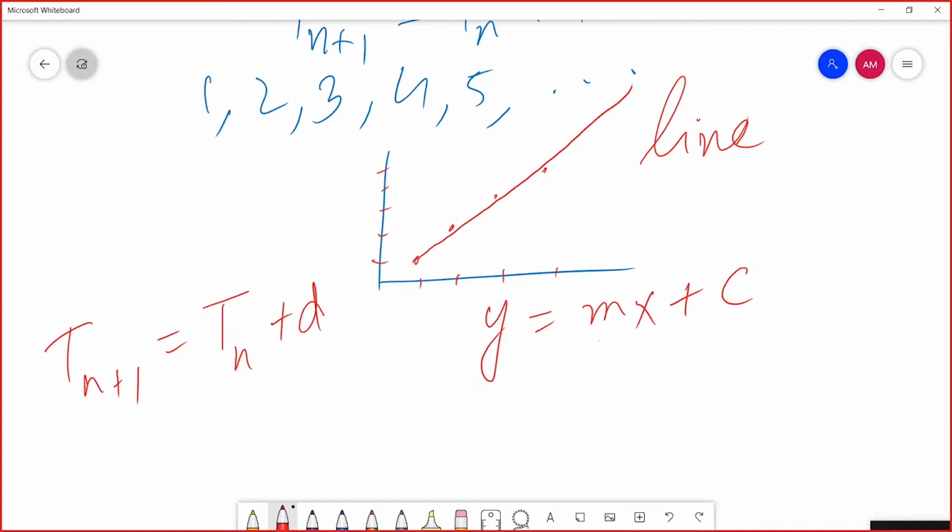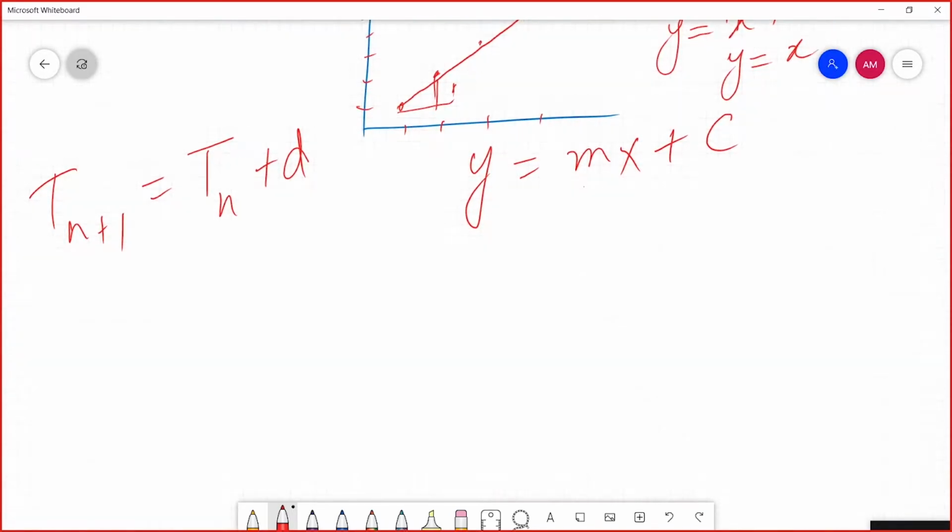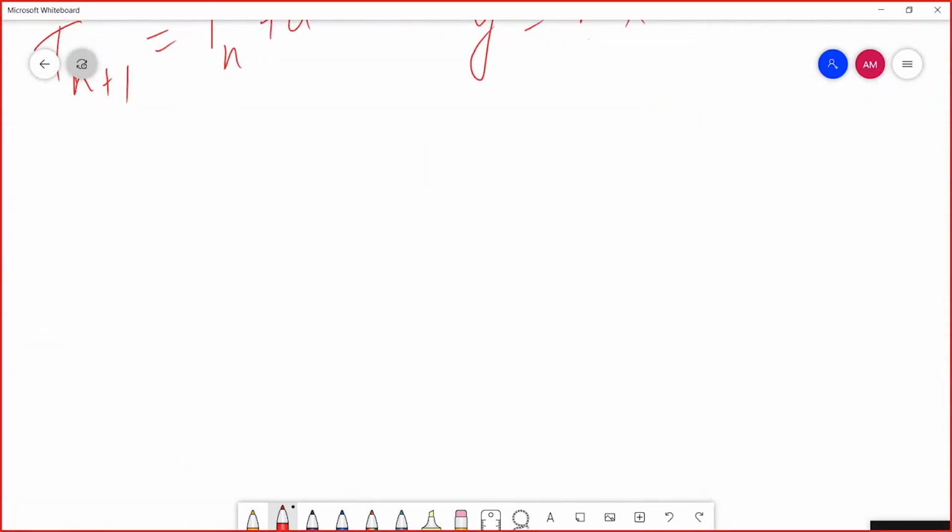If I plot this, rise over run is 1 in this case. The equation of this line would be y equals 1x plus 0, so y equals x. So an arithmetic progression is like a linear equation. We will talk about it later also.